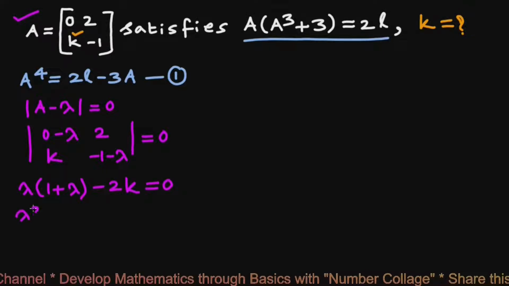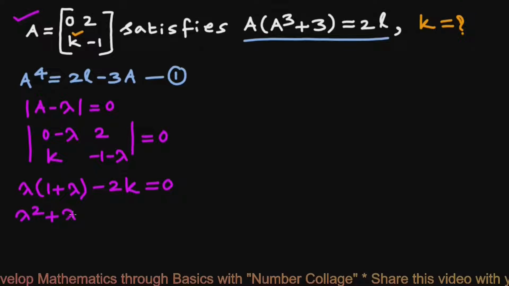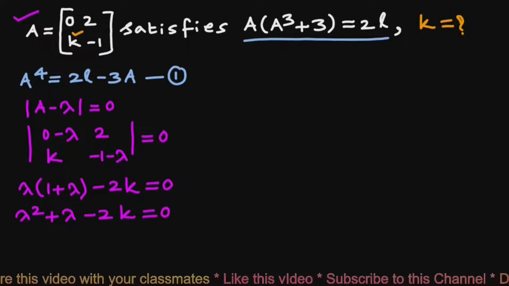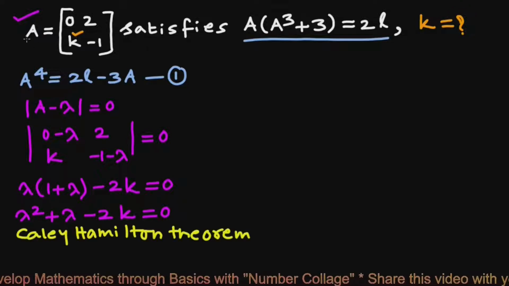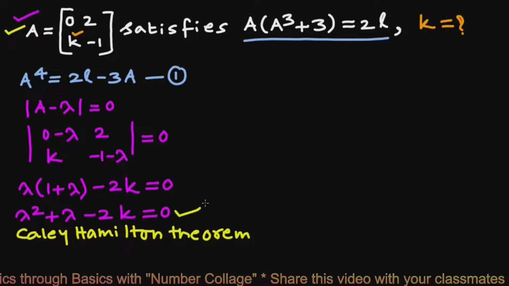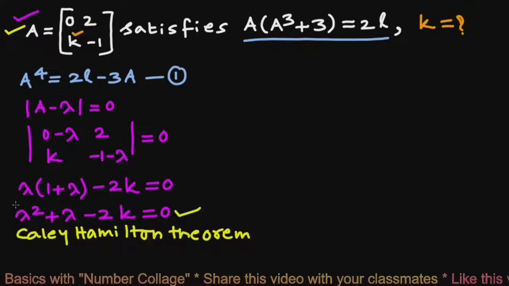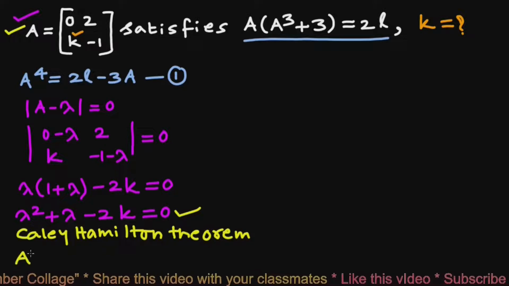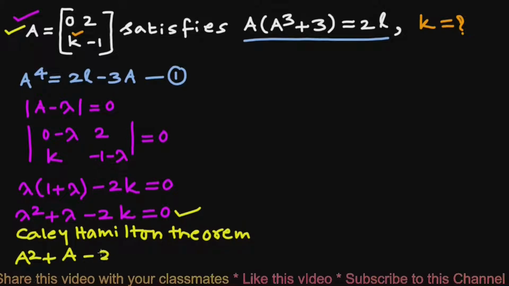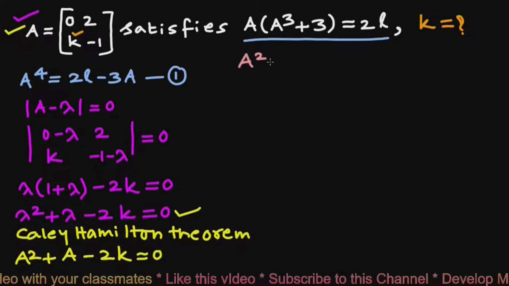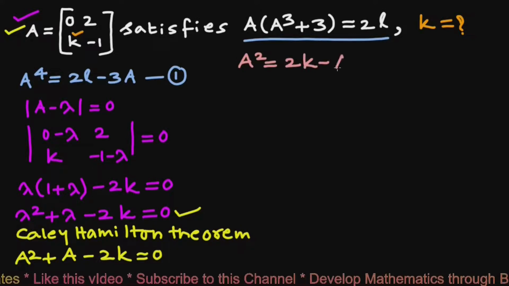That will be lambda square plus lambda minus 2k equals 0. Now according to the Cayley-Hamilton theorem, every square matrix A satisfies its characteristic equation. Therefore, we can replace lambda by A and write A square plus A minus 2kI equals 0. That gives us A square equals 2kI minus A.